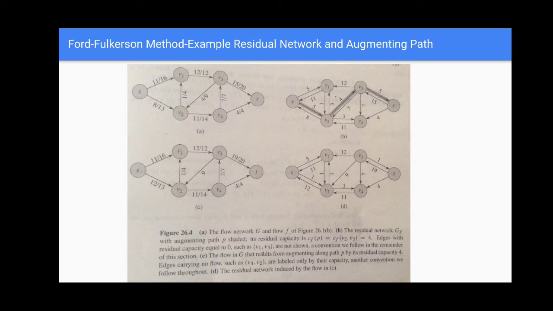There is a flow of now 0 going from V3 to V2.